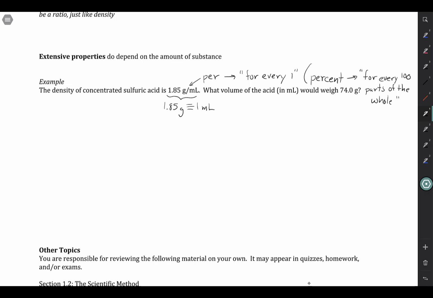All right, so in this problem, we just want to go ahead and change mass to volume. Relatively easy problem to do. So we're going to start with the amount here, 74 grams of acid.